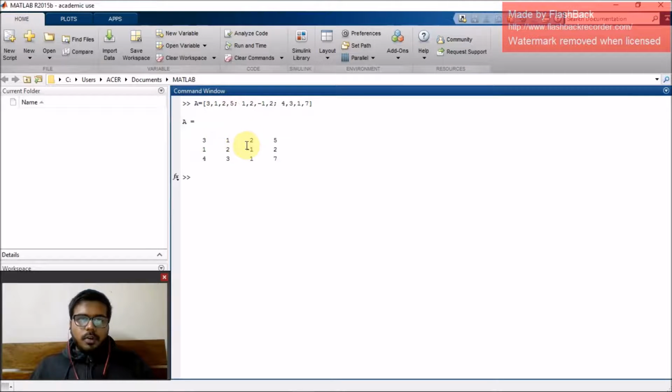Okay, so for reduced row form, the pivot of my first row should be 1. So the first row operation that I'm gonna do is I'm gonna multiply the first row by 1 by 3.